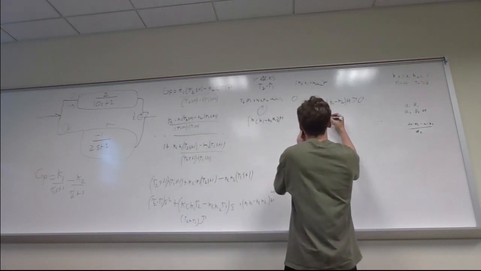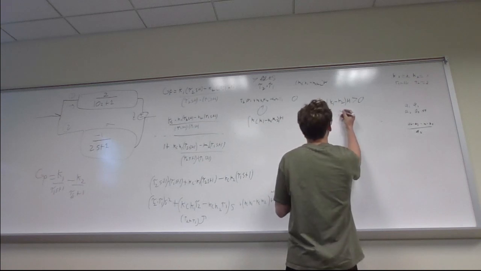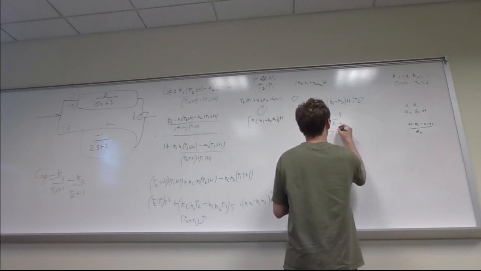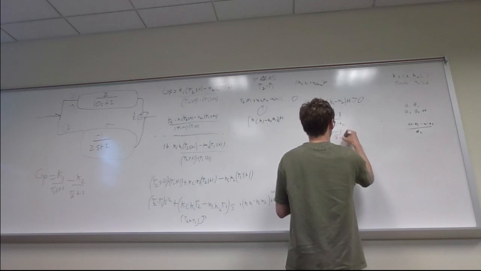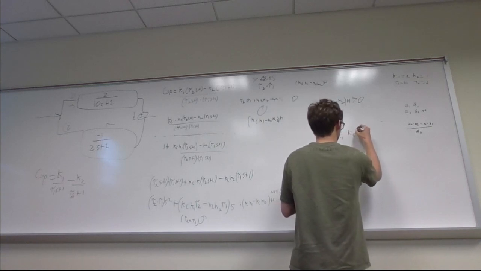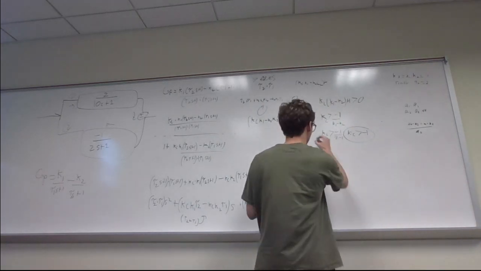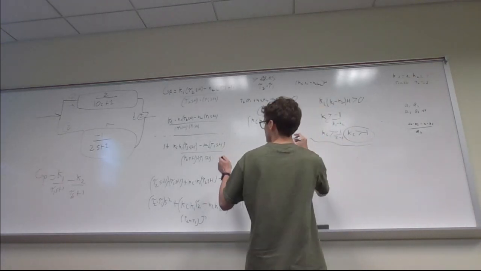No, that's just the way the world worked. So KC would equal negative 1 over K1 minus K2, which means KC has to be greater than negative 1 over 2 minus 1. So KC is greater than negative 1. Perfect.